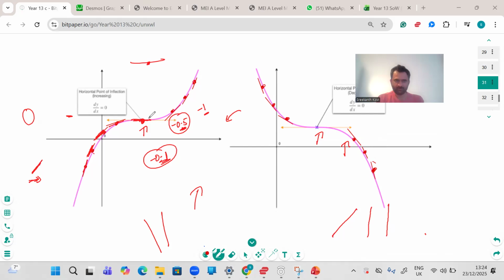So gradient is zero. And after it becomes zero, now if you see, the gradient is increasing here. Here the gradient was positive, but it was decreasing. Here the gradient is positive again, still positive, but it is increasing.